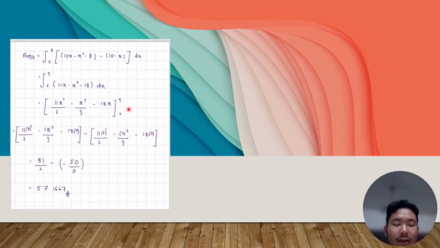Then the next step is to put the limits into x. So 11, the x is substituted with 9 here, and then here 11 is substituted with 2. Then solve one part and the other part, and the final answer will be 57.111667. Thank you.